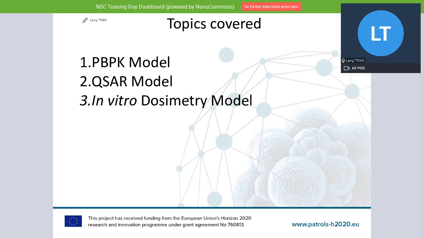The first type of model is the PBPK model, developed by RIVM. PBPK stands for physiologically based pharmacokinetic models. Then we have the QSAR model, which is the quantitative structure activity relationship model. This is developed by our Polish friends at the QSAR Lab.